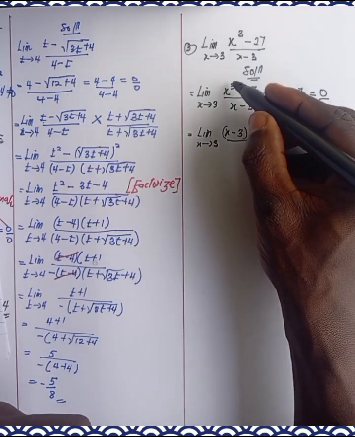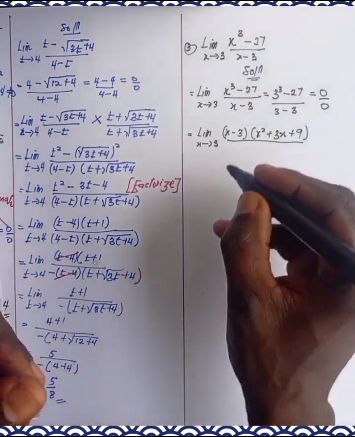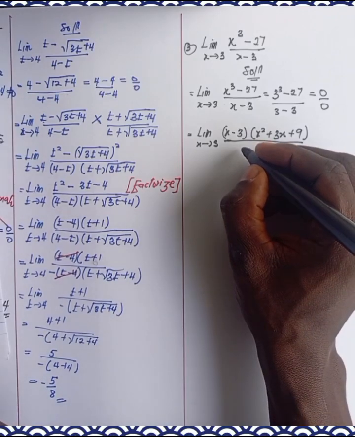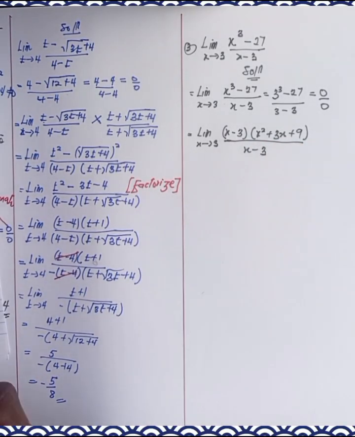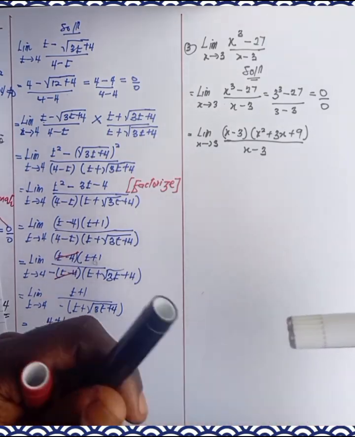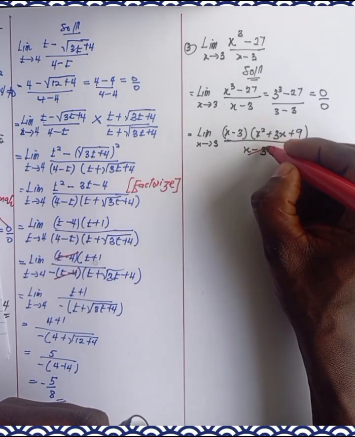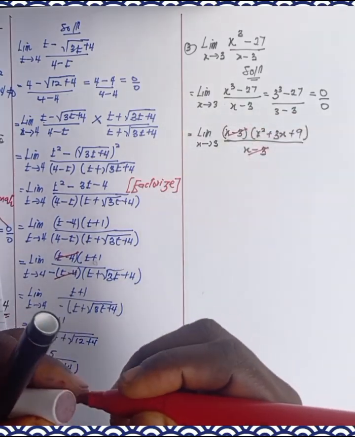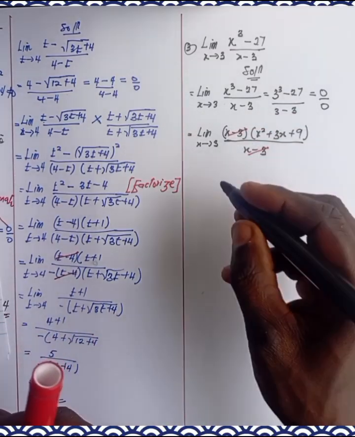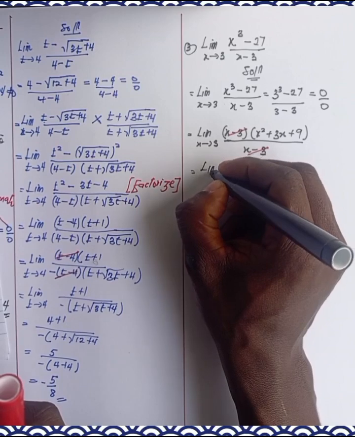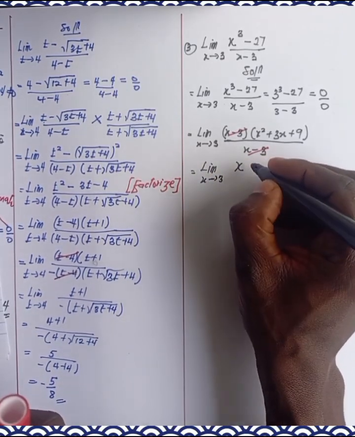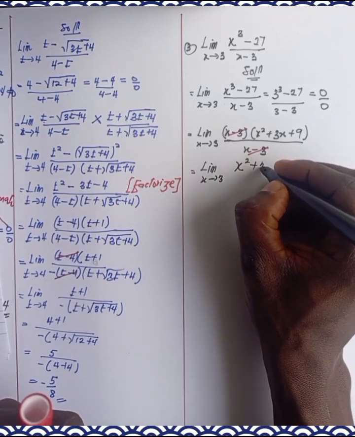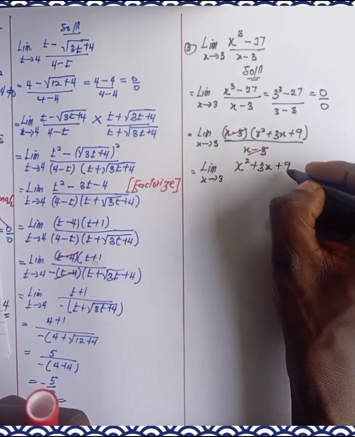This is the expansion for x cubed minus 27 all over x minus 3. So from here we can see that x minus 3 and x minus 3 will go. Now we are left with the limit as x approaches 3 of x squared plus 3x plus 9.